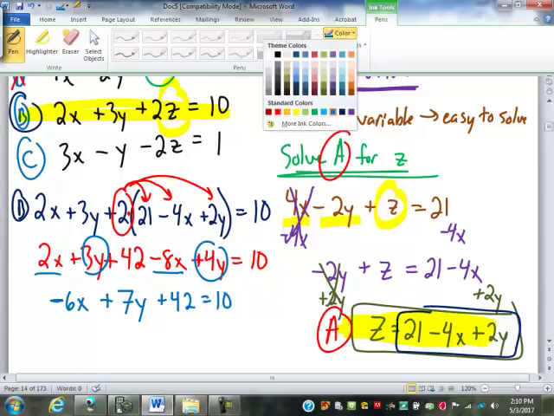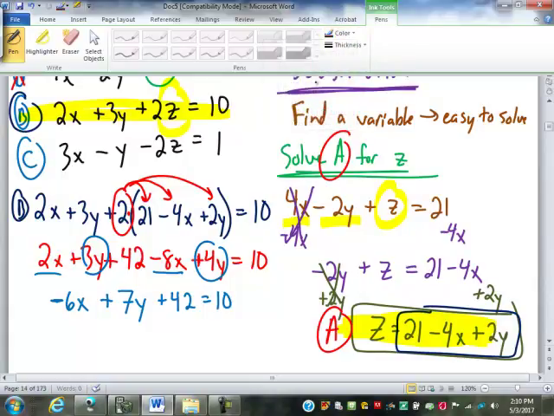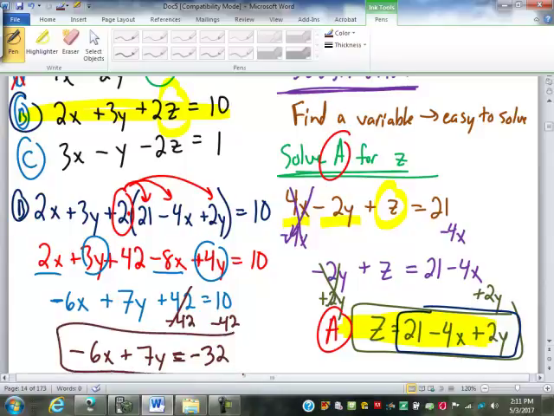So now the next thing I have to do is I have to get all the constants over on the right side, so I'm going to subtract 42. So that's gone. I've got a negative 6x plus 7y. 10 minus 42 is negative 32. So that is equation B after I've substituted in to get rid of the z. So z is gone in that equation now.